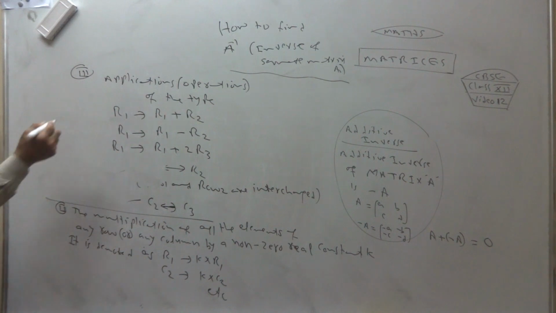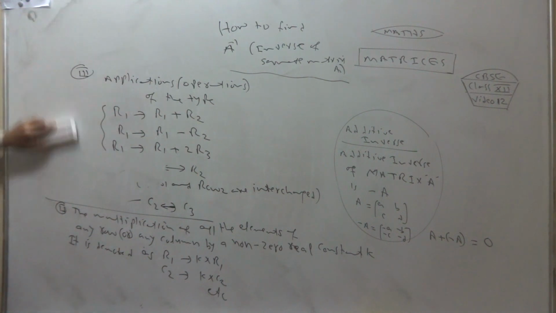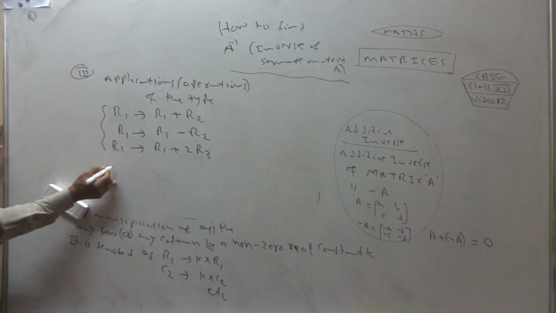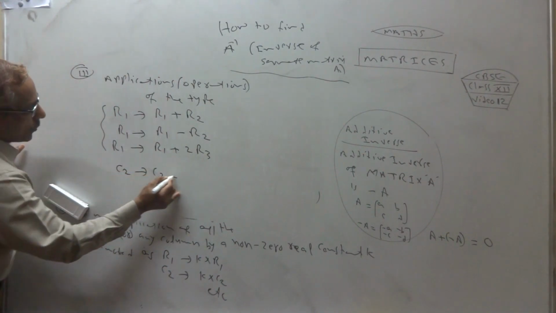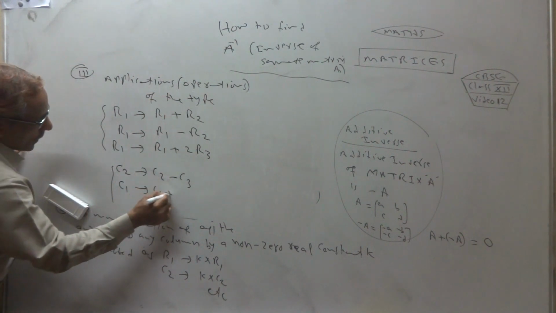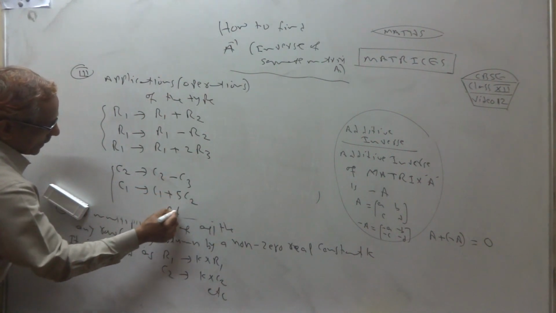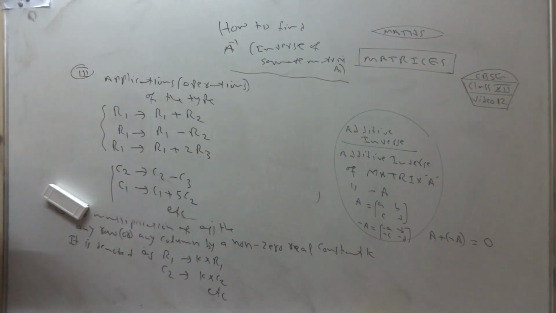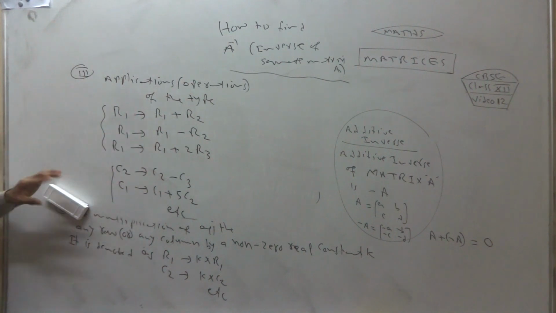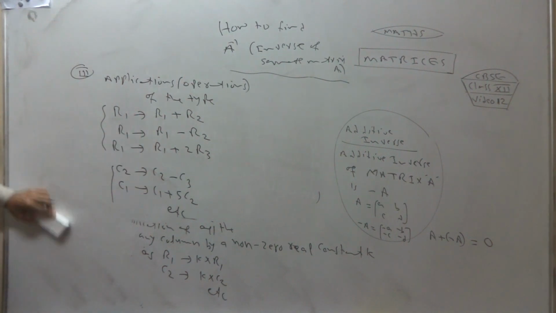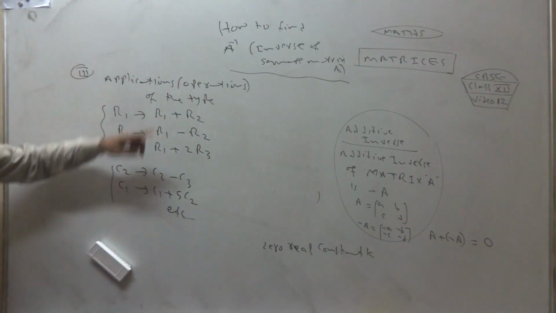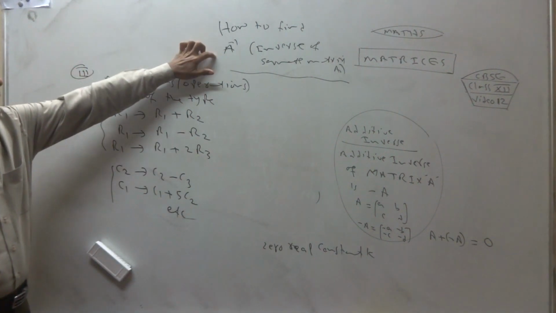Any operation of this kind. Like that, C2 gives C2 minus C3, C1 gives C1 plus 5C2. These types of operations are also allowed. So we have three types of operations which we use for finding A inverse. That we start now.